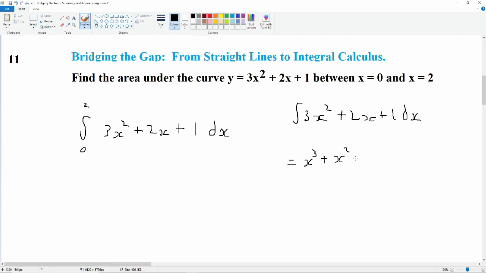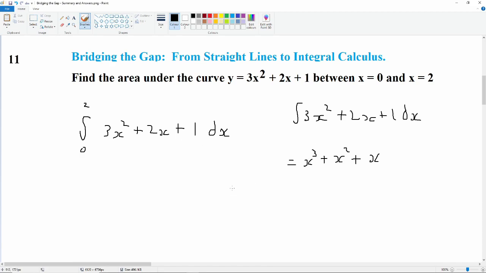And then there's a plus 1, so the integral of plus 1 with respect to x is x. And then the whole thing is plus c, or you add c to everything. Well, we know the plus c's are going to cancel out, so we can get rid of the plus c. And then we can start plugging in our numbers.